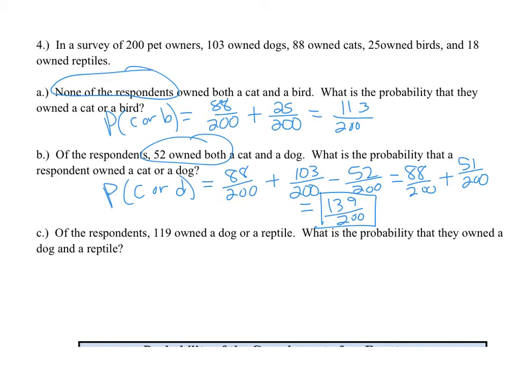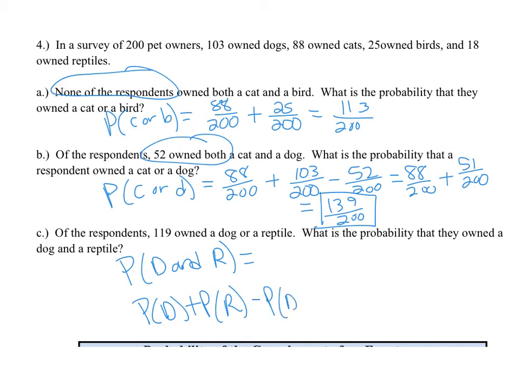Of the respondents, 119 owned a dog or a reptile. So what is the probability that they owned a dog and a reptile? Well, normally we would do the probability of a dog plus the probability of a reptile minus the probability of dog and reptile, in order to get the probability of a dog or a reptile.